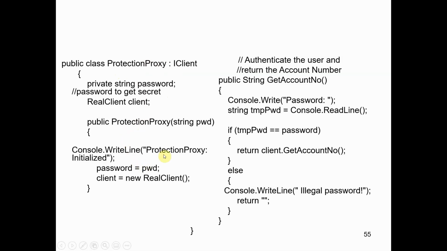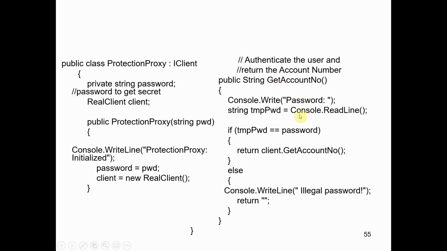So when you create a proxy, you already specify the correct password, so this password is stored in the proxy. And then the get account number, which is defined by the interface, so the user will have access to this one.